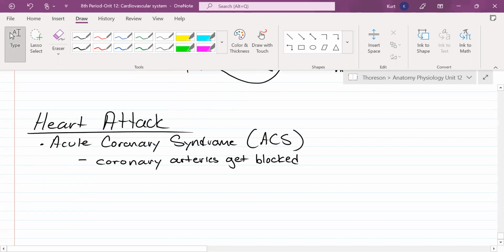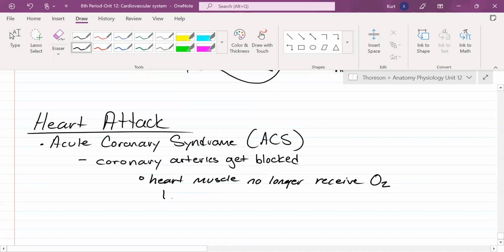If the coronary arteries are blocked, let's just do cause and effect. What happens to heart muscle? They no longer receive what? They no longer receive oxygen. And what happens to that heart muscle when it no longer receives oxygen? It begins to die.